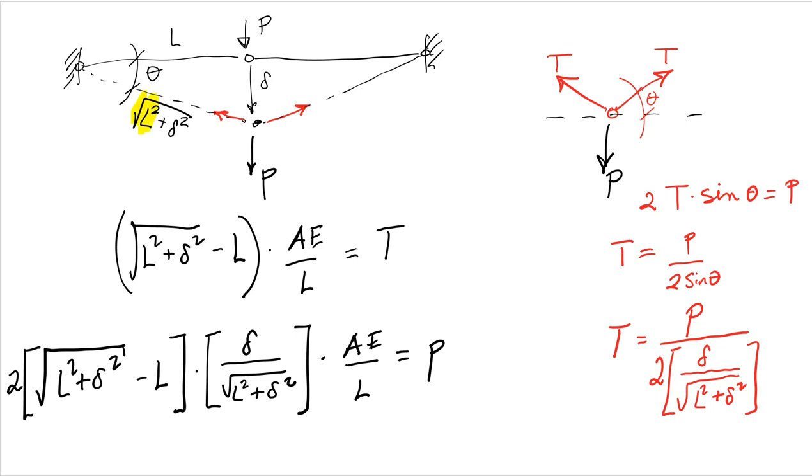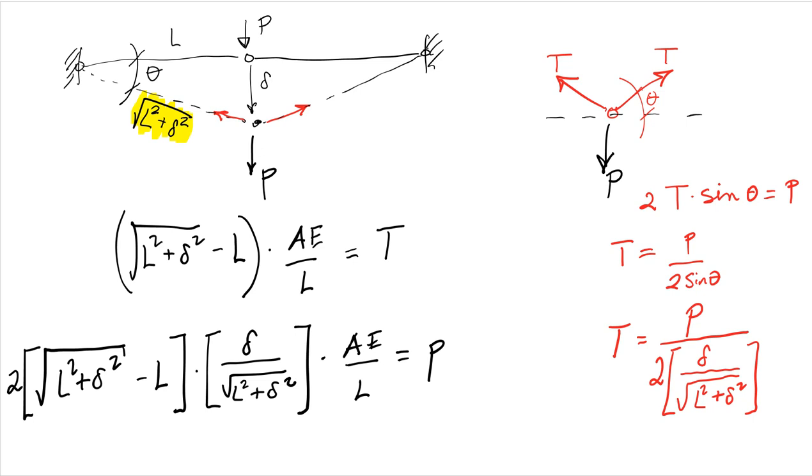That's this expression right here. So the stretch length minus the original length gives you the elongation of the member. So that's square root of L square plus delta square minus L.